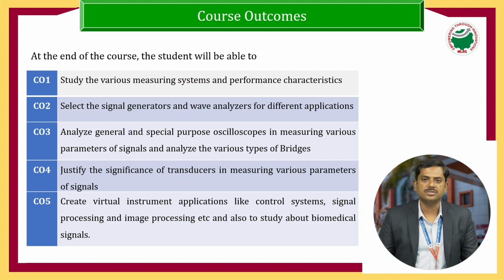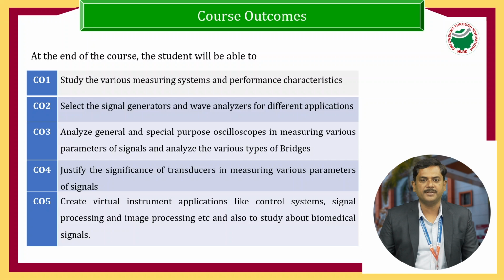At the end of the course, the student will be able to understand the course outcomes. The first course outcome is to study the various measuring systems and performance characteristics of the devices. In course outcome 2, the student will select signal generators and learn how to use them in various types of applications.